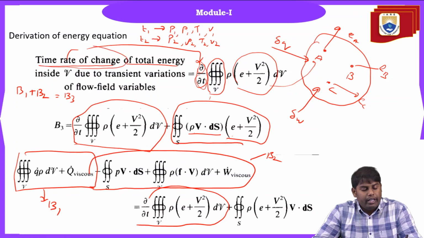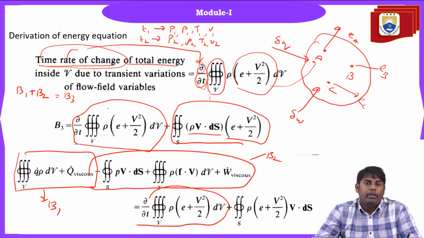This time rate of change is making the total energy change. So the flow variable P1 is changing to P2, rho 1 is changing to rho 2, T1 is changing to T2, V1 is changing to V2. What happens? It is making the entire system change.